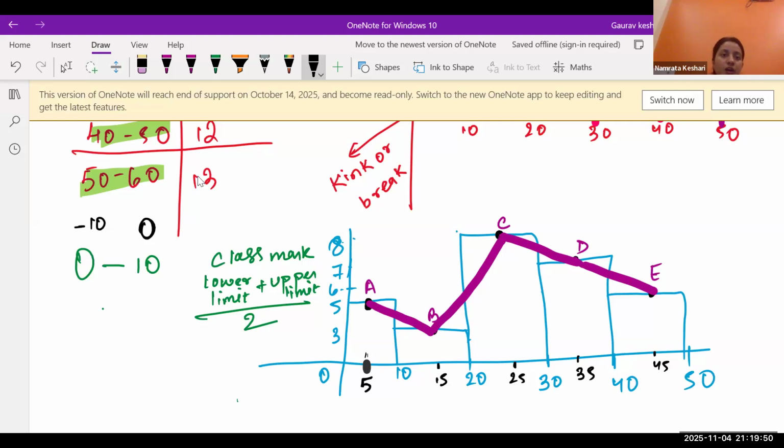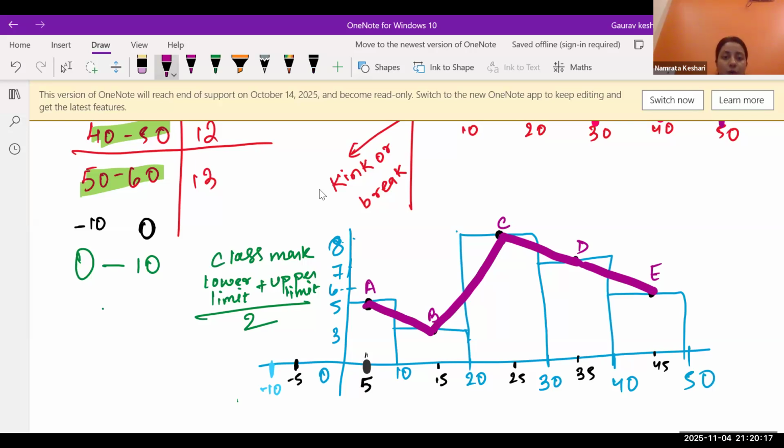So the virtual class interval we have created is minus 10 to 0. And here you have to use the class mark. Exactly in the middle, the number will be minus 5. Is it making sense?